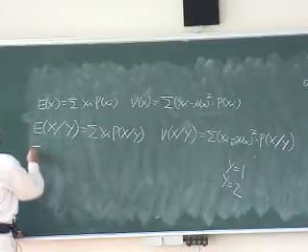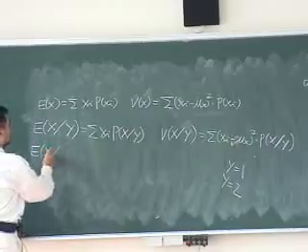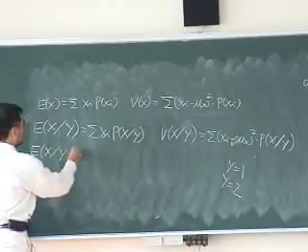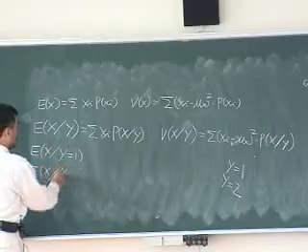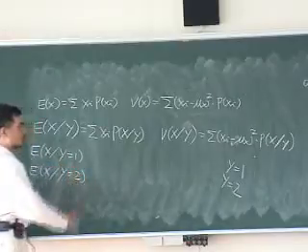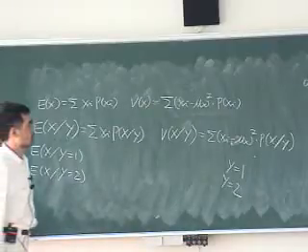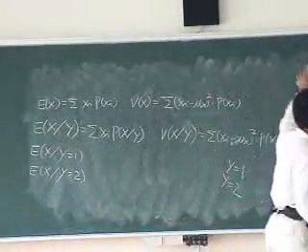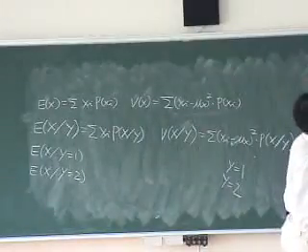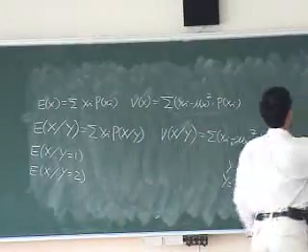The first one is the expectation of x given y equals 1, and then the expectation of x given y equals 2. I'm sorry, I erased the table. I have to show you the table again. So let us try here.